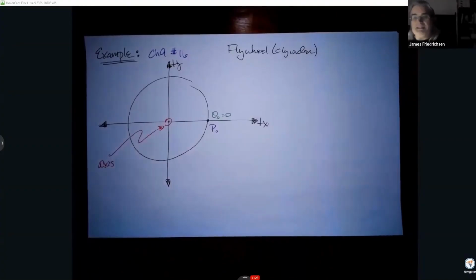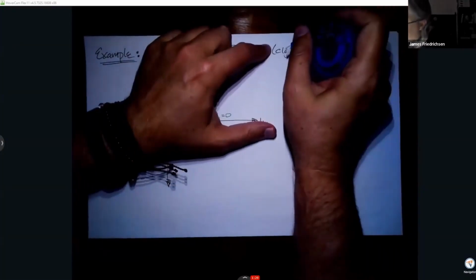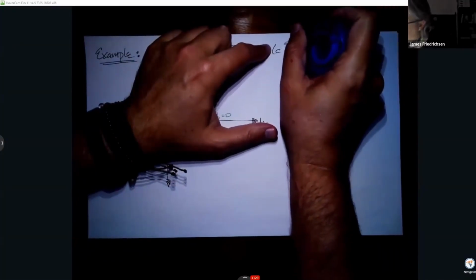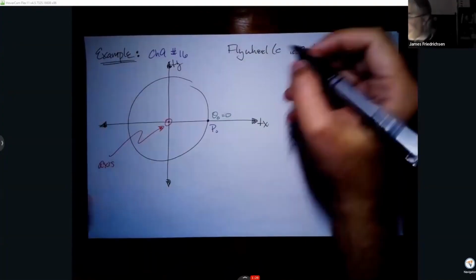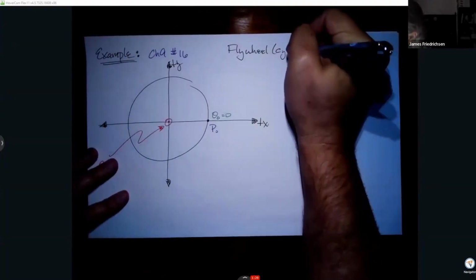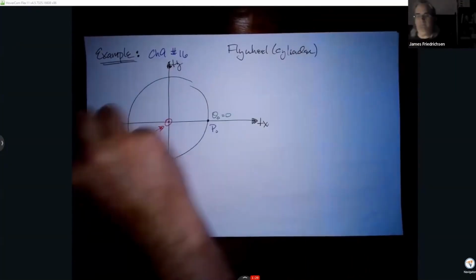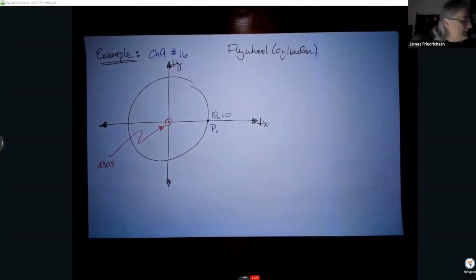Okay, nice cylinder. I got lost in my word and I couldn't see what was wrong, and that's because I transposed my letters. There it is. It gave us some information. It said that the flywheel had a mass of 40 kilograms.